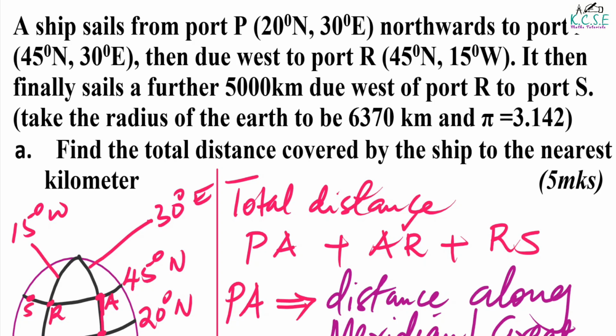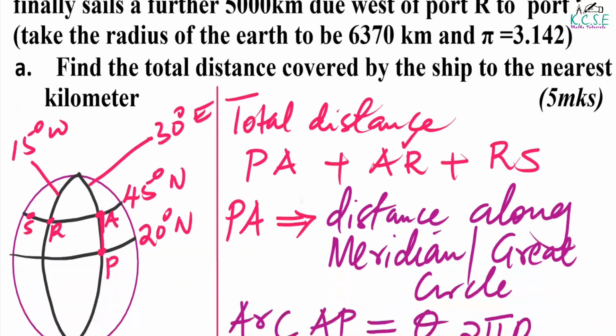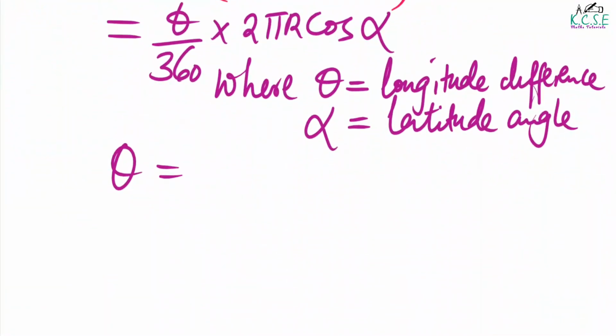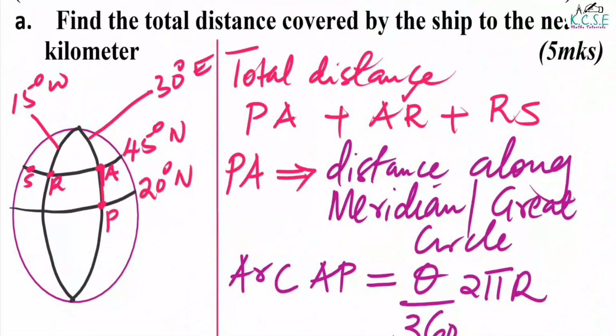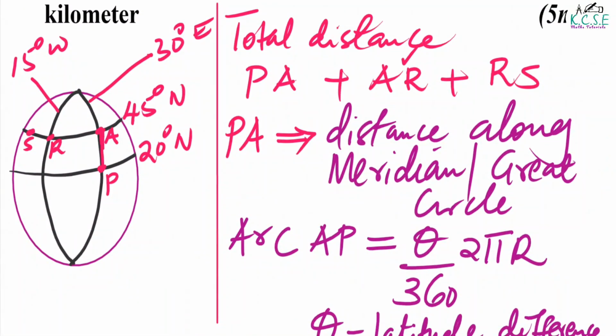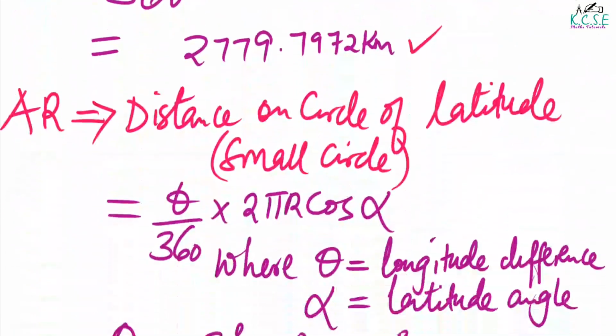Since one is to the east and the other is to the west, we add the two. So the longitude difference is 30 degrees plus 15 degrees, which is 45 degrees. And for the latitude angle, you can see that the two positions, A and R, lie on the same latitude, which is 45 degrees.